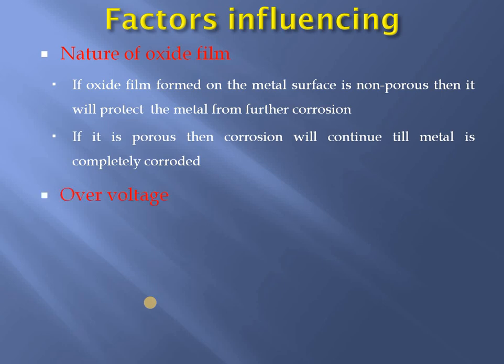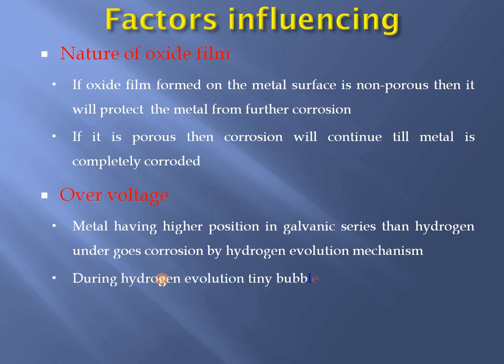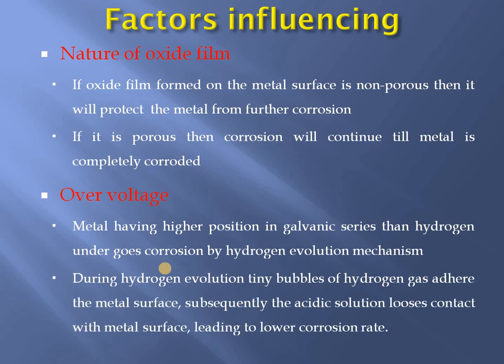And the last factor categorized in the nature of metal is overvoltage. A metal having a higher position in the galvanic series than hydrogen undergoes corrosion by the hydrogen evolution mechanism. During hydrogen evolution, tiny bubbles of hydrogen gas adhere to the metal surface.